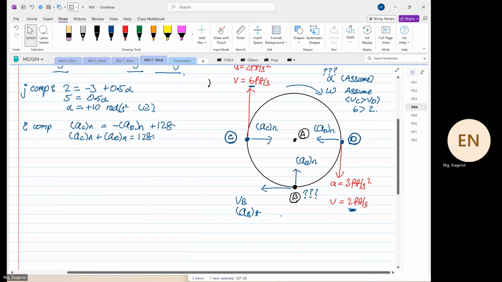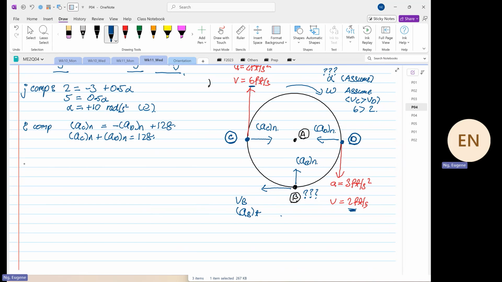We know that point C and point D are at some distance from the center of rotation, which is point A, this point over here.